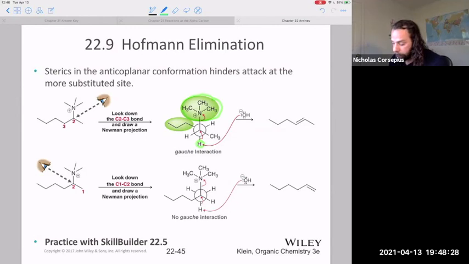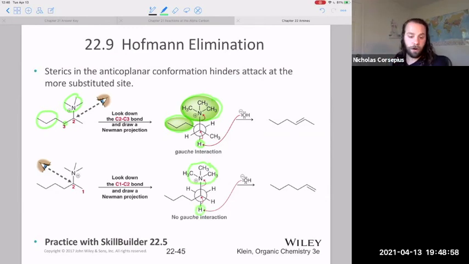So the problem is that if you try to remove the hydrogen from carbon 3, which would produce your more highly substituted alkene, your big bulky leaving group will form a gauche interaction with the back half of that alkene. So this chunk right here would interact with this chunk right here in terms of steric clashes. If you pull off the terminal hydrogen, we have our ammonium ion in that same plane as the hydrogen that's being removed.